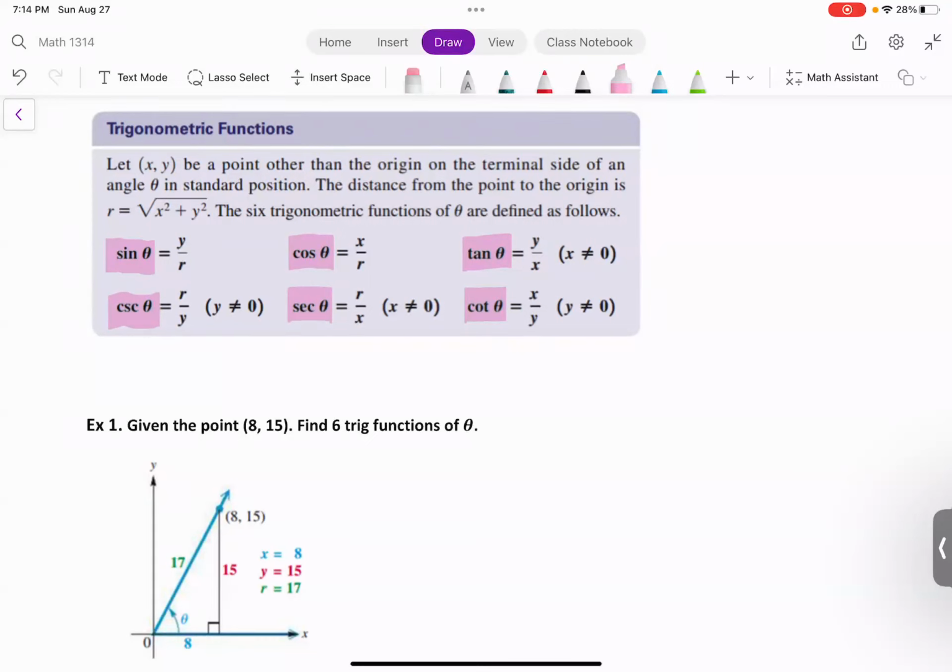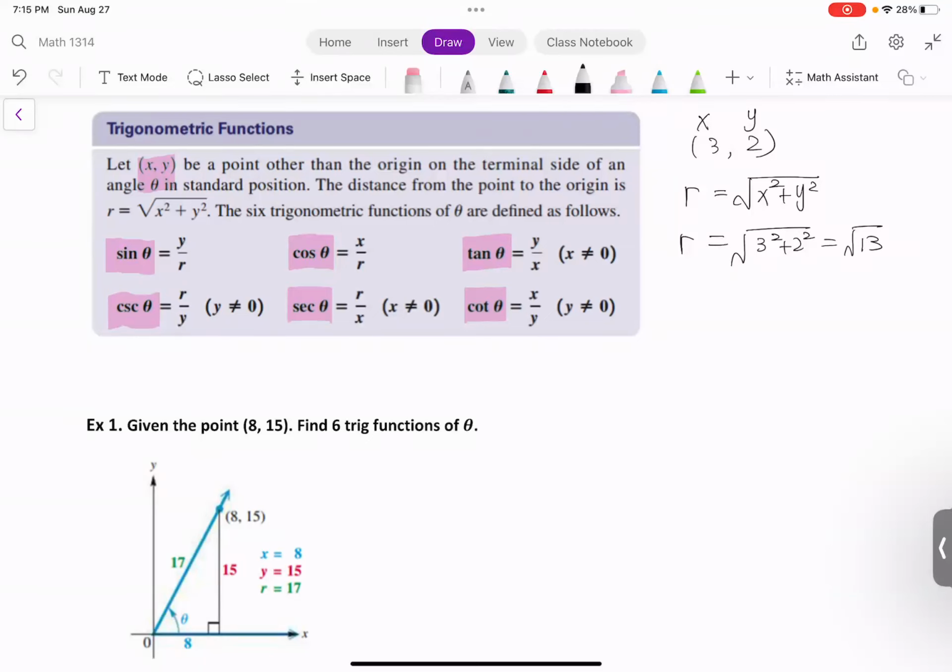What are x and y? X and y are the coordinates of the point on the terminal side. For example, if my point is 3, 2, then x is 3, y is 2, and r is the square root of x squared plus y squared. Put the x, y inside: 3 squared plus 2 squared, that is the square root of 13.